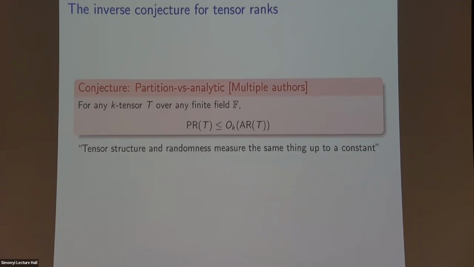And if proven, this would complete a long line of works, which maybe goes back to the 80s. It's a very broad conjecture and would be very useful in all the applications. For example, some of the applications would iterate this bound, and so it's really important to get the right bound between partition and analytic rank.